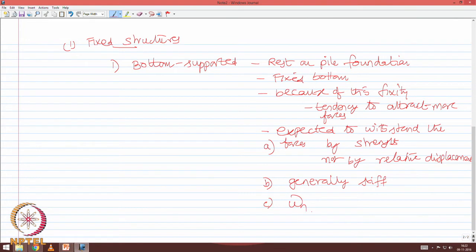The natural periods vary anywhere from 4 to 6 seconds, equivalently 1 to 1.5 radians per second.